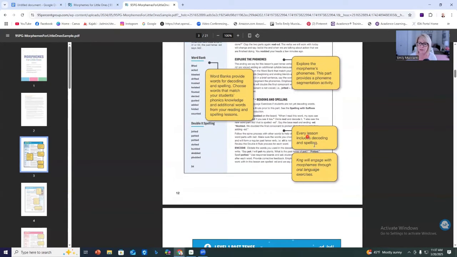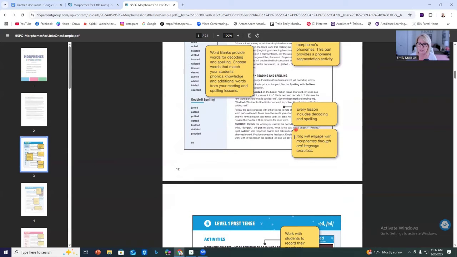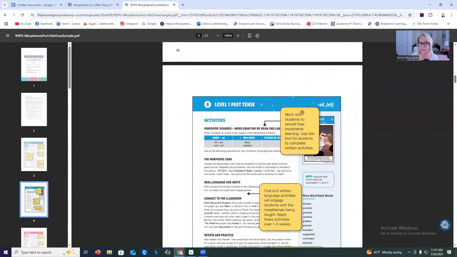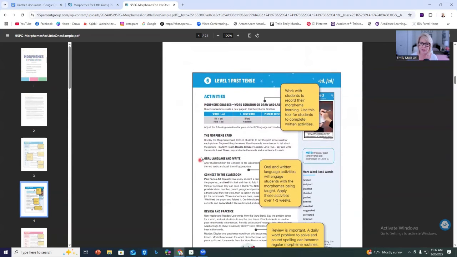Every lesson does include a decoding and spelling. You can see here they're talking about kinder will engage with morphemes through oral language exercises. So they recommend that if you're working with kinder, that you actually skip and come down to the oral language component. So there's something here called a morpheme grabber.